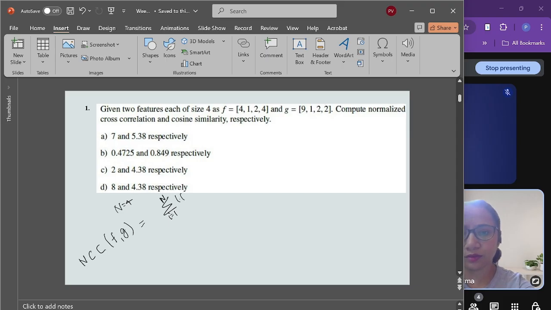So here, the numerator is the sum of (fi minus f dash) times (gi minus g dash), where f dash and g dash are the mean of f and g respectively.